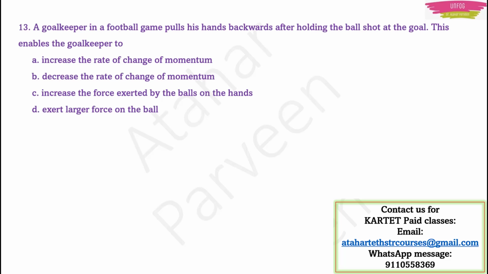So what is the work of a goalkeeper basically? His work is to stop the ball from going into the court, right? He will stop the ball. If that goalkeeper pulls his hands backwards for holding the ball, what is the meaning? It means that he is trying to stop that ball.